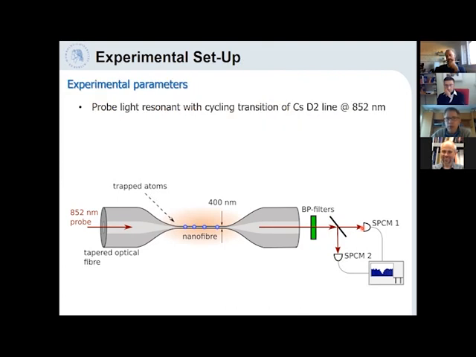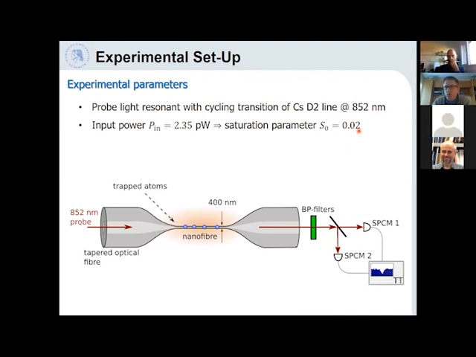So the probe light that we send here is resonant with the D2 line transition of cesium, and the input power is a few picowatts, which means that the saturation parameter of the light seen by the first atom along the nanofiber is 0.02. So we are indeed working in the low saturation regime, where you would probably not expect too many nonlinear effects.